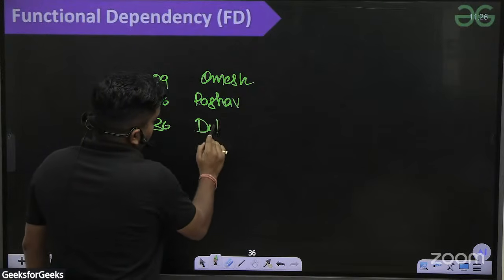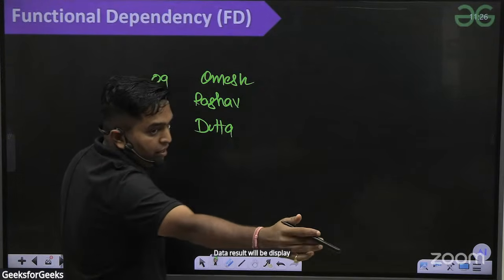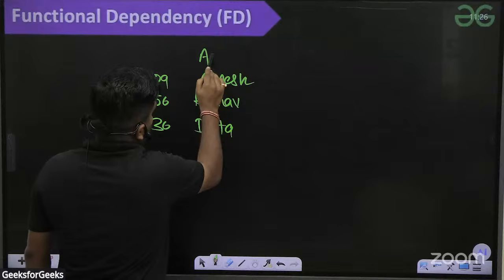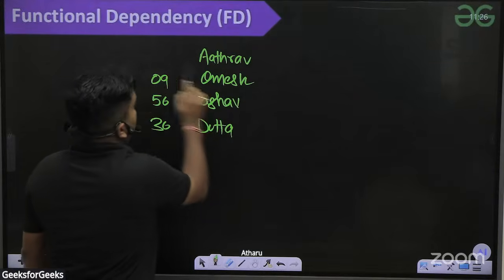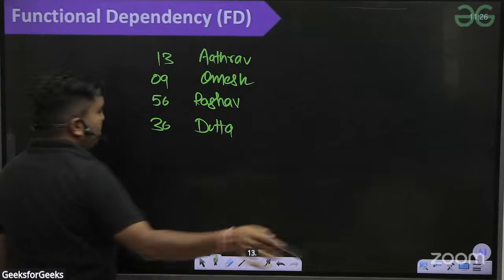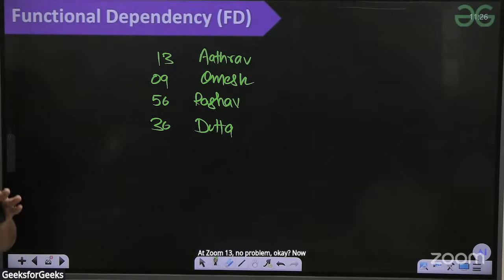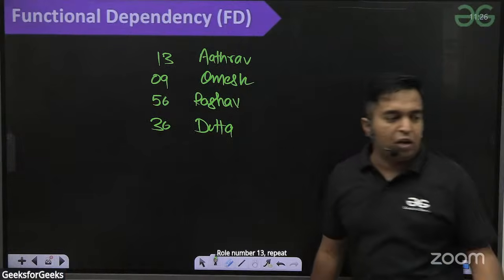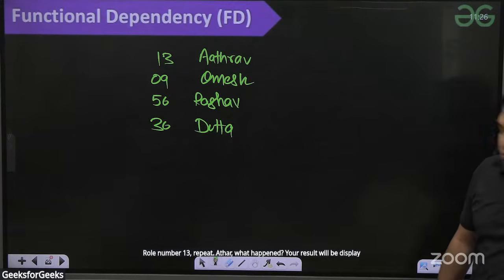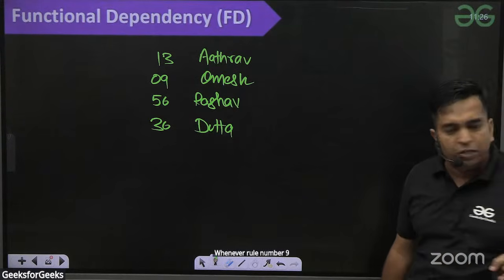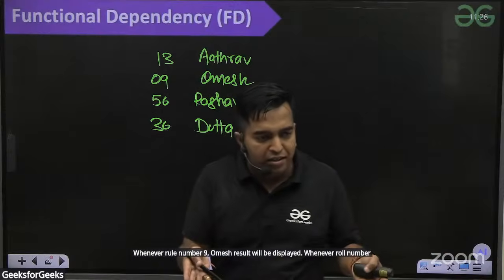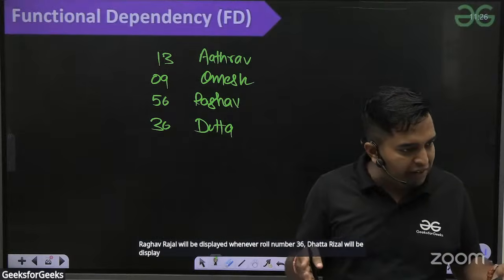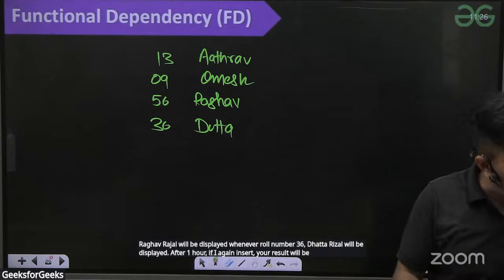For 36, Datta's result will be displayed. Atharv 13, assume 13, no problem. Now please listen carefully. Whenever roll number 13 repeats, Atharv, what happens? Your result will be displayed. Whenever roll number 9, Umesh's result will be displayed. Whenever roll number 56, Raghav's result will be displayed. Whenever roll number 36, Datta's result will be displayed. After 1 hour, if I again insert, your result will be displayed. Are you getting? Agree?